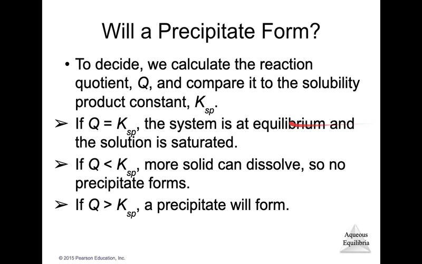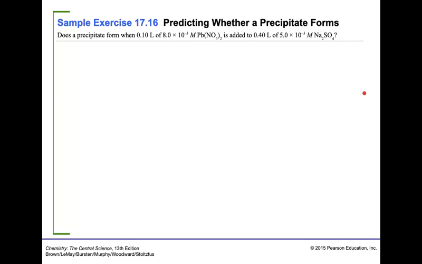Okay, so let's look at an example of how you would predict that in a particular circumstance. It says, does a precipitate form when 0.10 liters of 8.0 times 10 to the negative third molar lead nitrate is added to 0.40 liters of 5.0 times 10 to the negative third molar sodium sulfate?